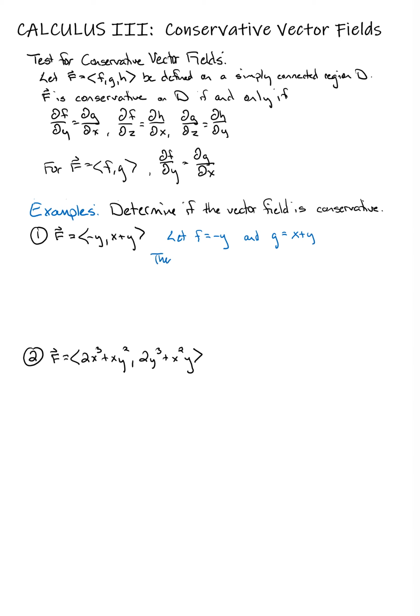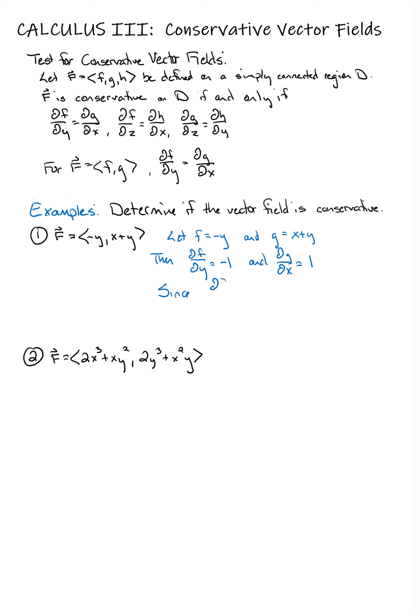Then, if we take a look at the partial of f with respect to y, we actually end up with negative 1. And the partial of g with respect to x, we actually get positive 1.